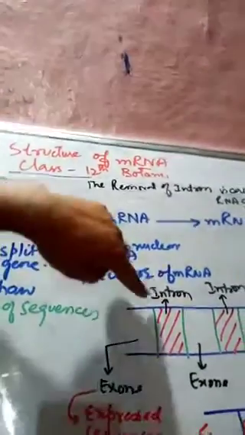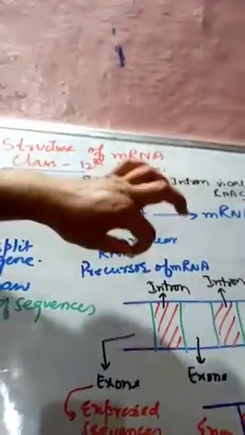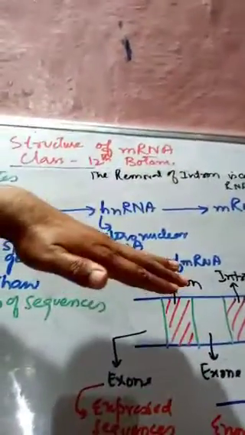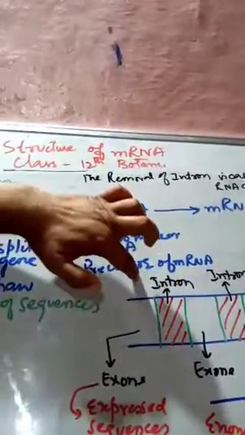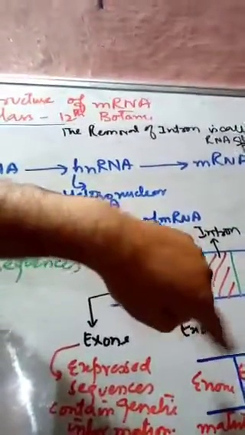Exons are expressed sequences and contain genetic information, while introns do not contain genetic information and are removed from this RNA, which is called RNA splicing. So a mature RNA consists of only these exons.